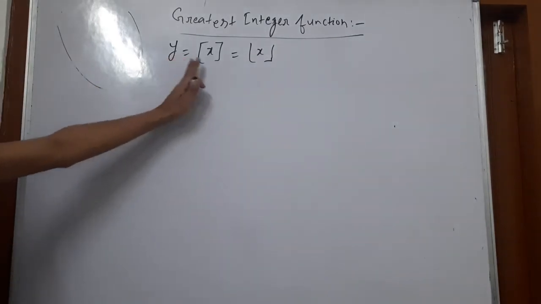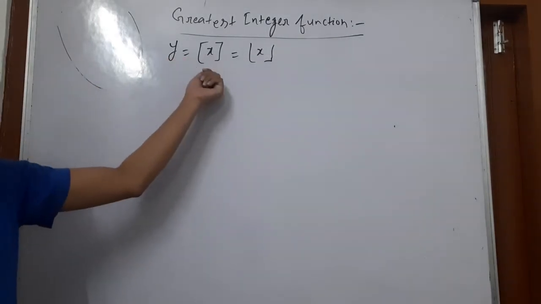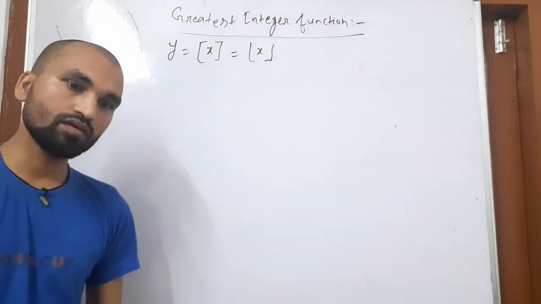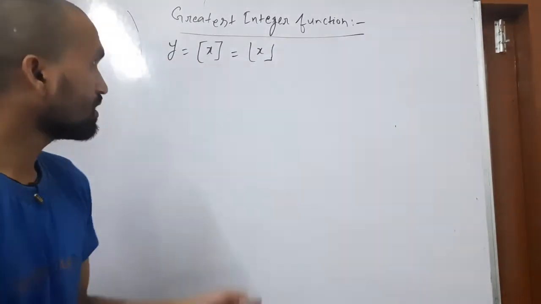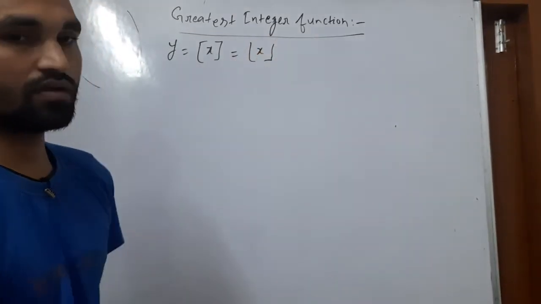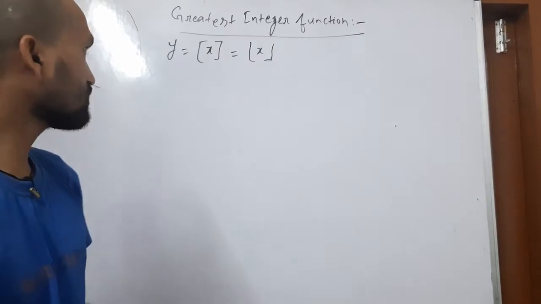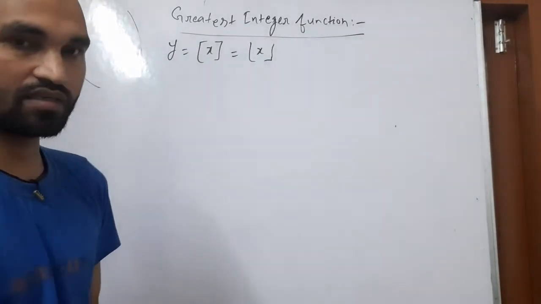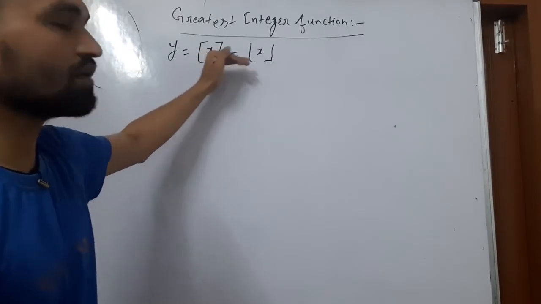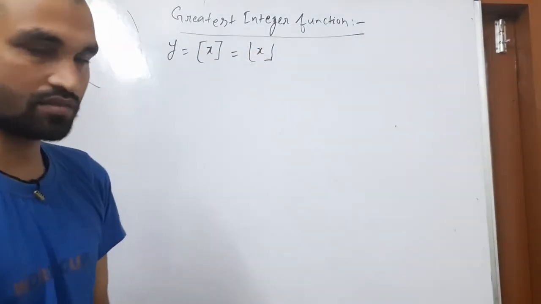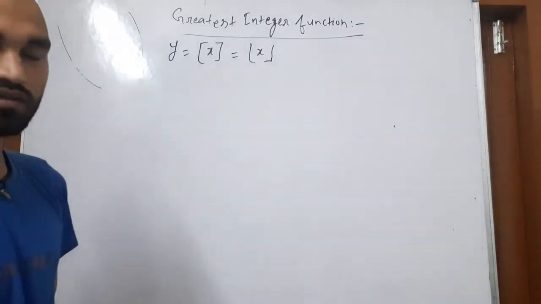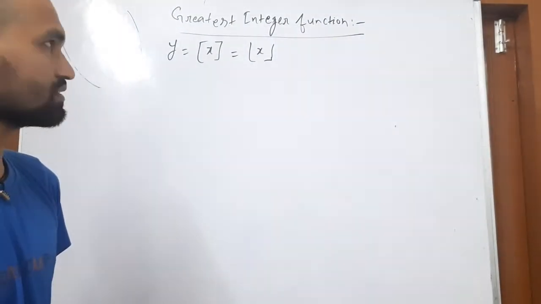If y is denoted inside a large bracket, or it is also open at the top, the representation of the greatest integer function is in both forms. Both are symbols of the greatest integer function. So if any function is written in this form, then it is known as the greatest integer function.